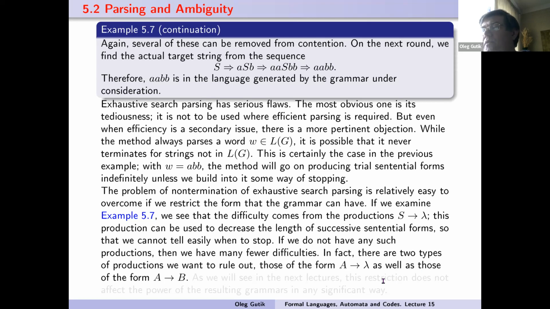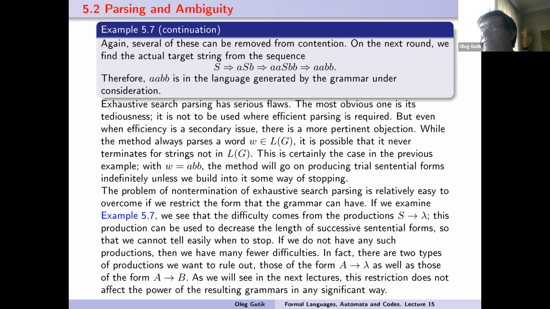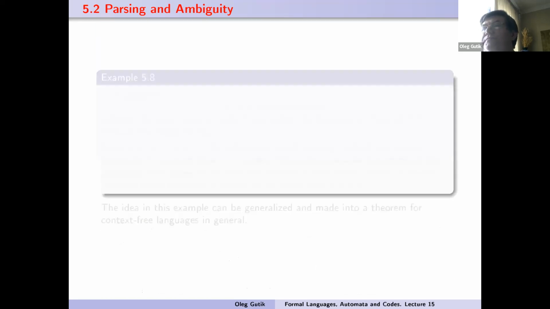In fact, there are two types of production we want to rule out: those of the form A into the empty word lambda, as well as those of the form A into B, with A and B capital. As we shall see in the next lectures, the restriction does not affect the power of the resulting grammars in any significant way.